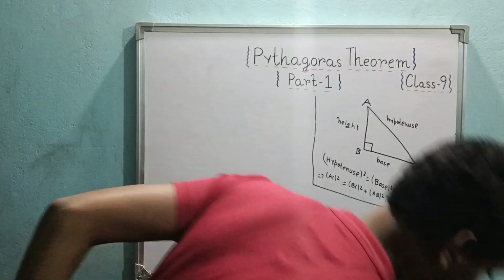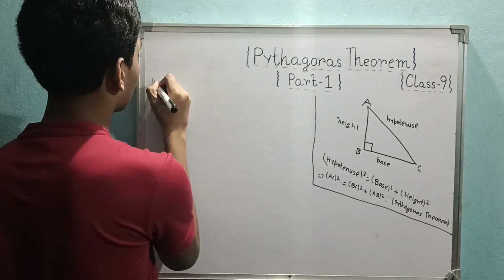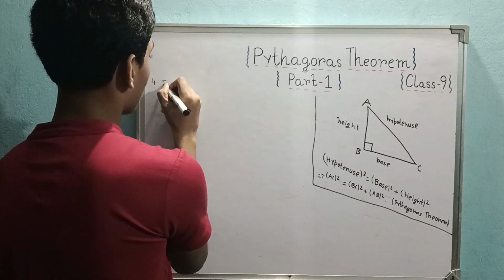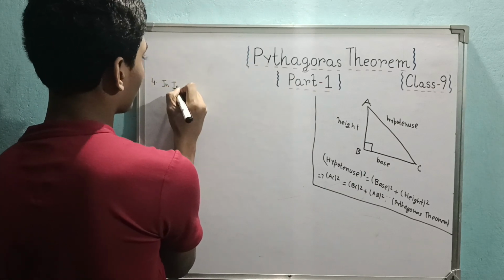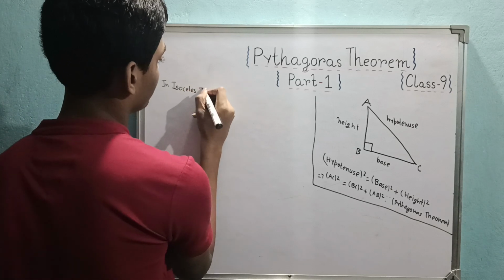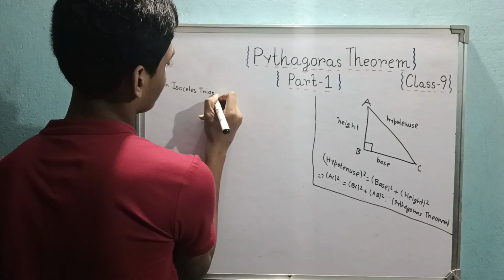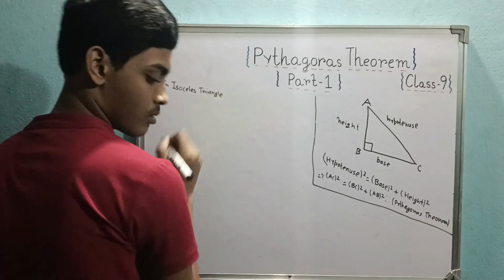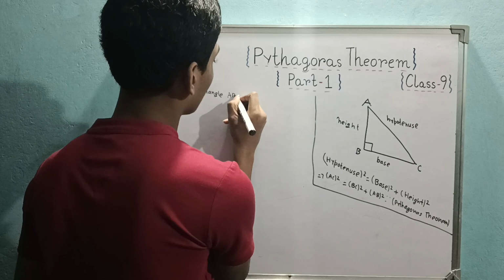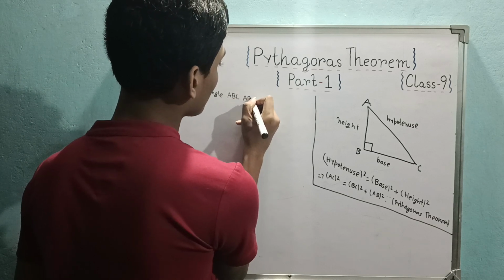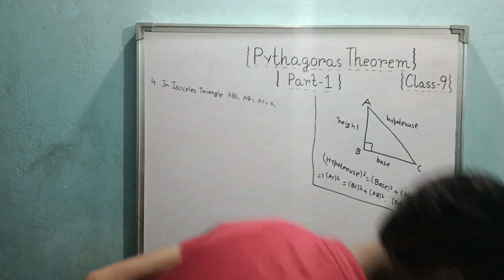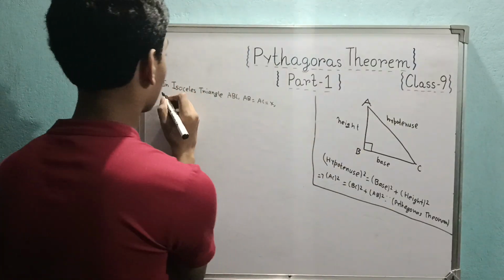Let's see what else we have. In an isosceles triangle, okay. Isosceles triangle means what? Two sides are equal, one is not equal to them. Triangle ABC, AB equal to AC equal to X, comma, BC equal to 10 centimeter.